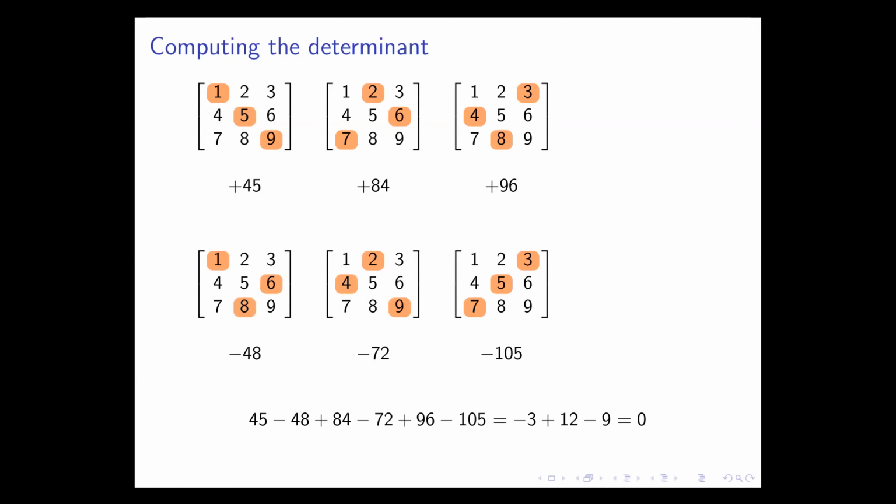Bam, it's 0. It's easy to see: this gives -3, this gives 12, and this gives -9. So the determinant of this matrix is equal to 0, which means that it is not invertible.